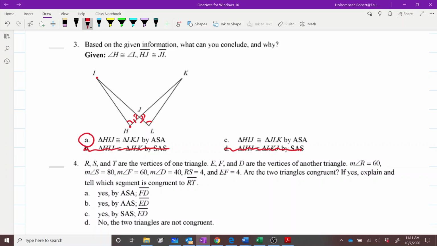Let's check this second answer. The second answer says HIJ, which goes here, HI to J, is congruent to, alright, they start at J in this second description when they needed to start at L. So this is not an option either. Alright, so answer choice A.